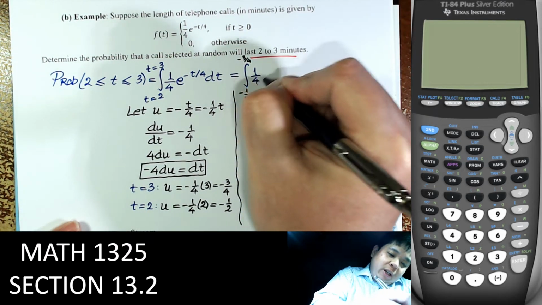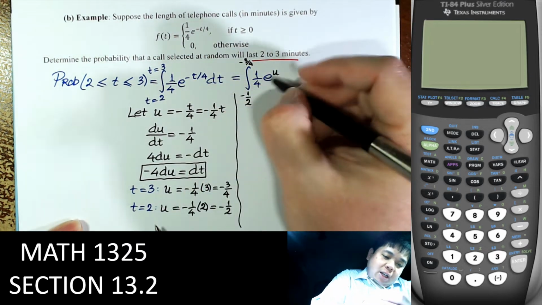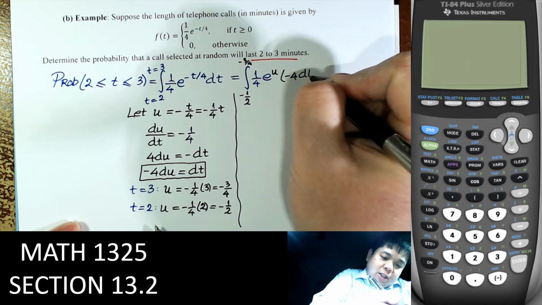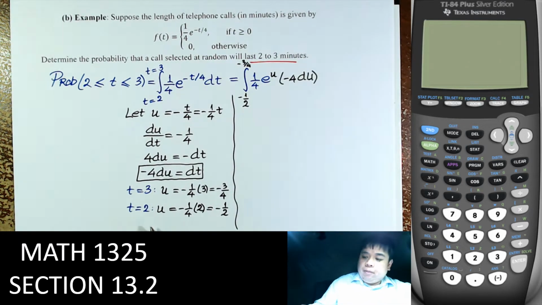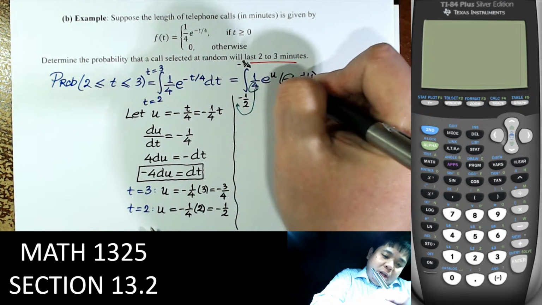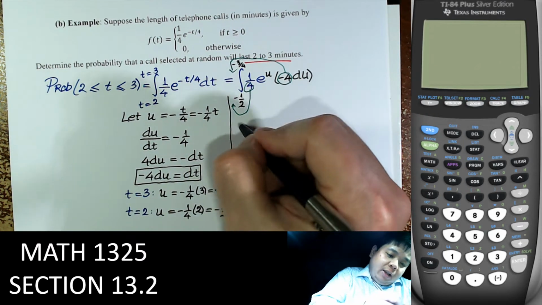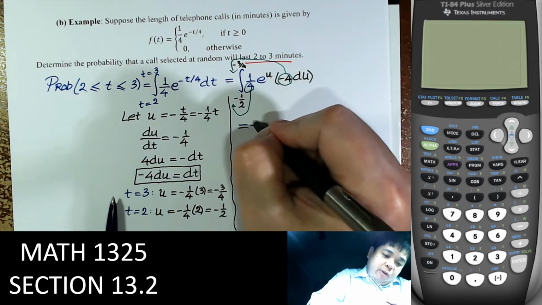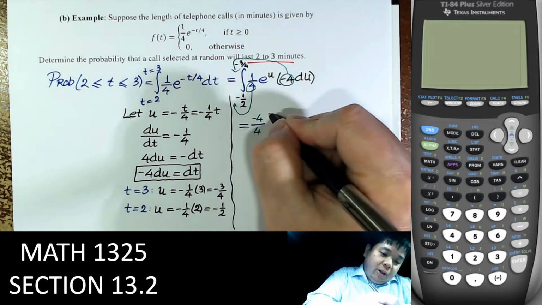Still 1/4 here. Negative t over 4, that is u, and dt is negative 4 du, sorry. Right, and of course we can take the 4 outside, from the 4 in the bottom and negative 4 on the top. Of course they cancel out, so we have negative 4 on the top, 4 at the bottom, which reduces to negative 1.